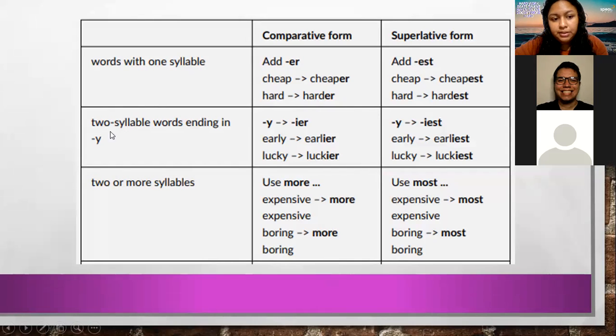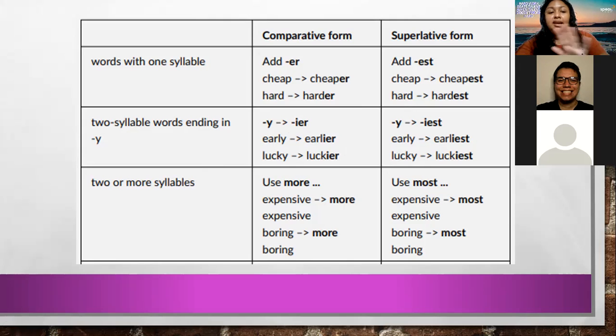Second scenario, when there are two syllables in one word and the word ends in Y, like in this one, early, two syllables and it ends in Y. Then I say earlier when I'm comparing, lucky, luckier when I'm comparing. And if I want to focus on one item out of five, for example, then I say the earliest, the luckiest.